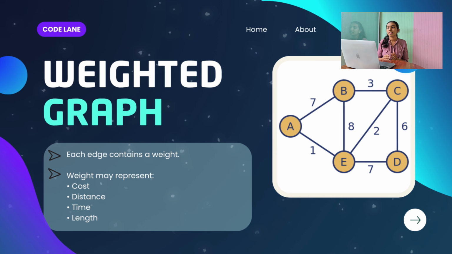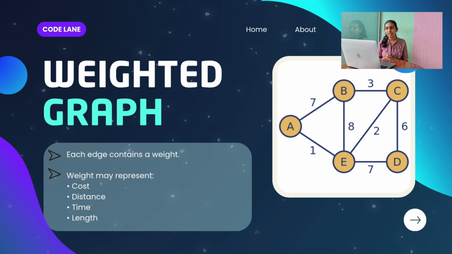For example, if we are connecting cities, the weight may represent the distance between cities. If we are building a communication network, the weight may represent the installation cost of cables. In transportation systems, the weight may represent travel time. In computer networks, it may represent the cost of transmitting data.